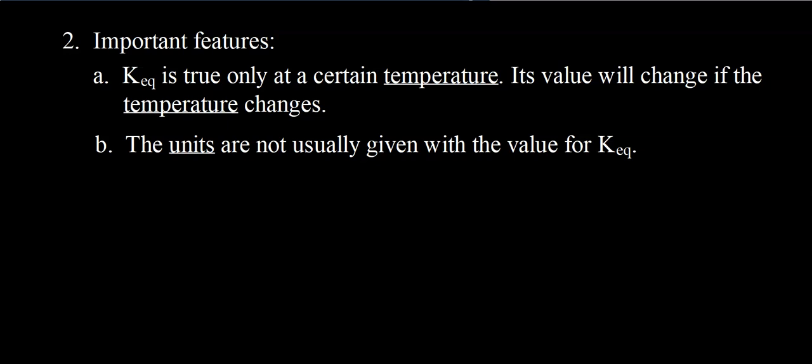We're just going to plug in numbers. And so the equilibrium constant K is unitless. There's a section in your book that talks about why we do not include units. It has to do with these things called activities. Again, you can read more about that if you want, but just know K is unitless.